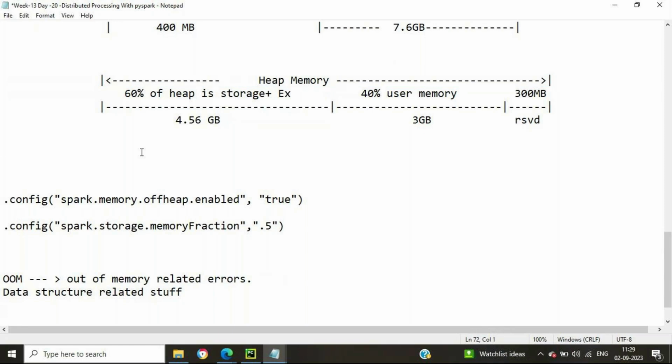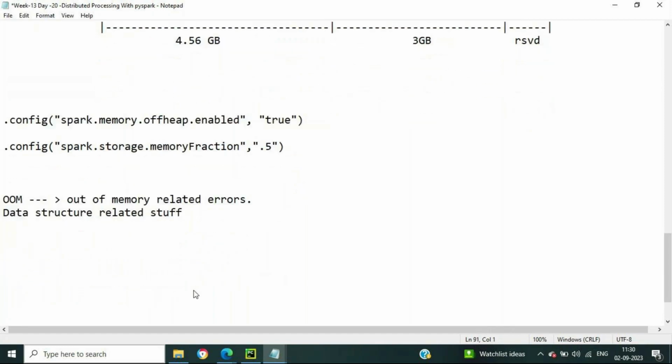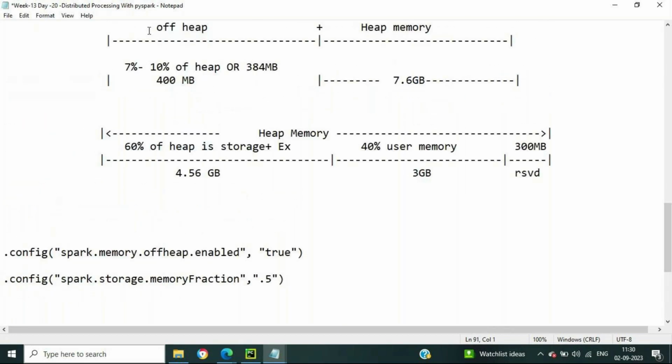There are certain other parameters as well. Let me mention them. So heap memory, off heap memory. For off heap memory, the garbage collection is done.